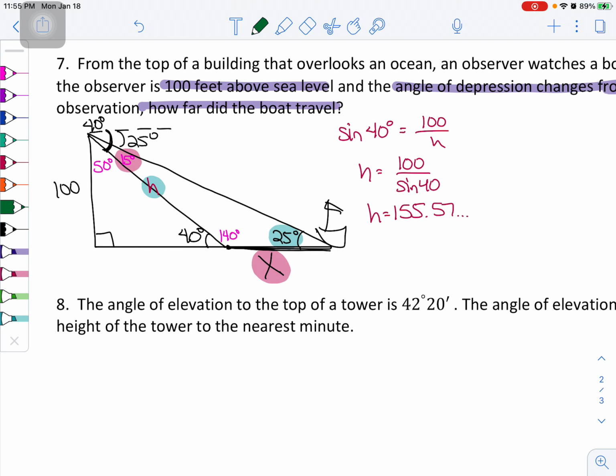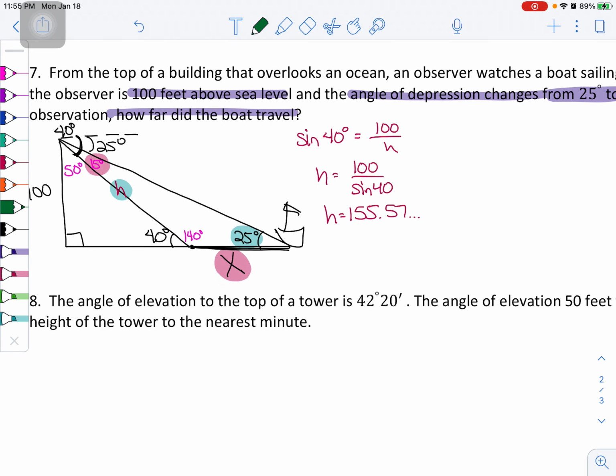So that's the law of sines I'm going to set up. Sine of 15 over X is equal to sine of 25 over H. X is going to equal H sine 15 over sine 25.